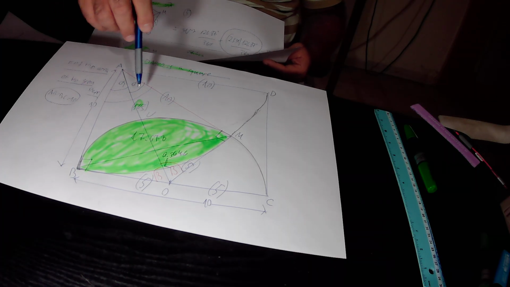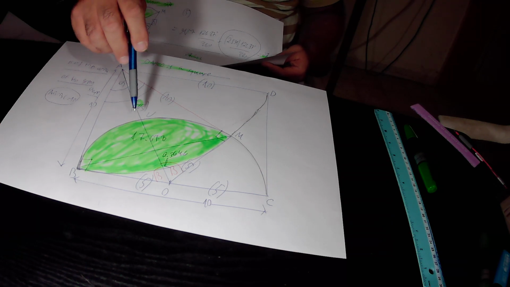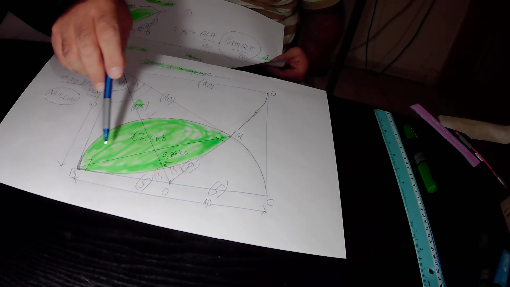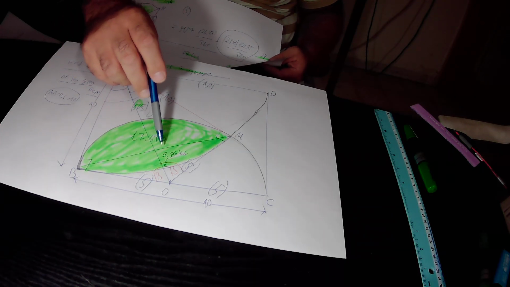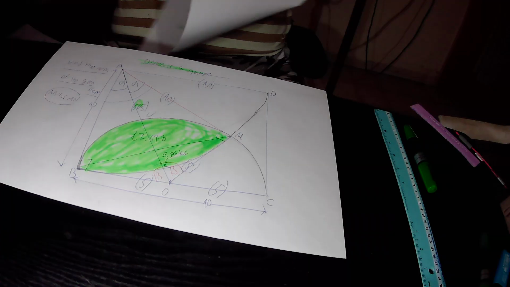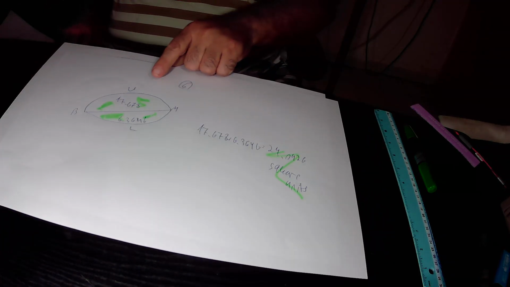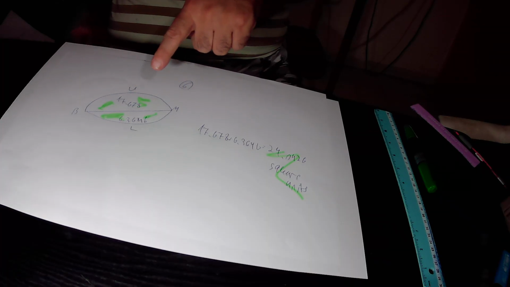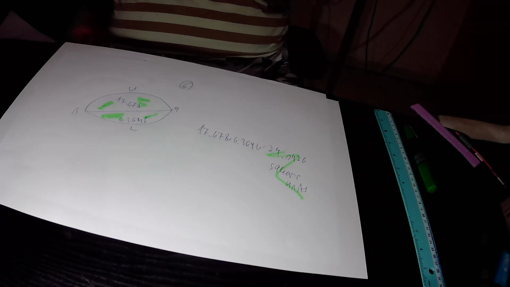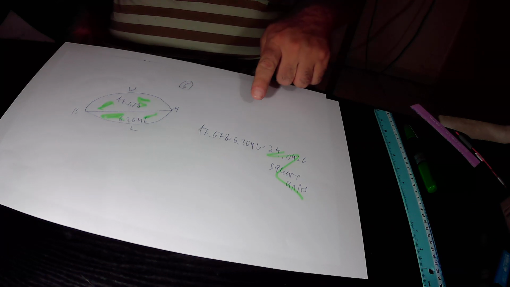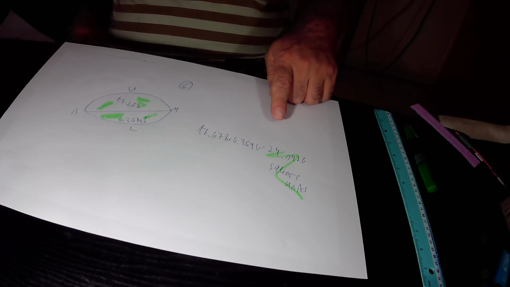And therefore the area of the green shape equals the area of the upper segment BUM, that is 17.678, plus the area of the lower segment BLM, that is equal to 6.3646 square units in its size. And 17.678 plus 6.3646, in total, is equal to 24.0426 square units in size.